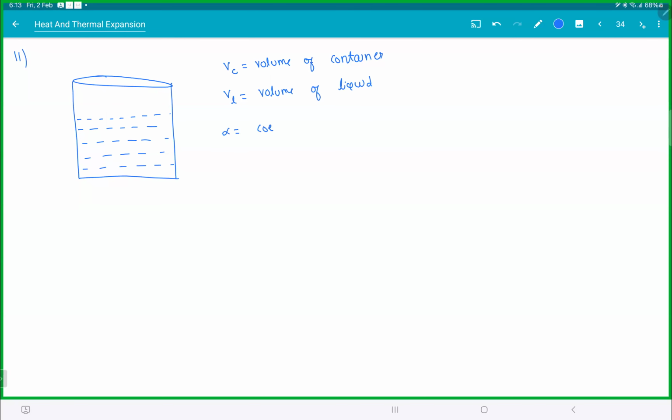Alpha is the coefficient of linear expansion of the container. Gamma is the coefficient of volume expansion of the liquid.